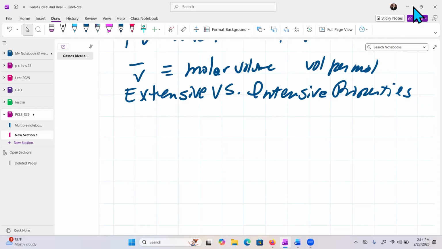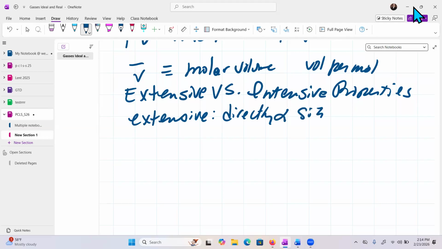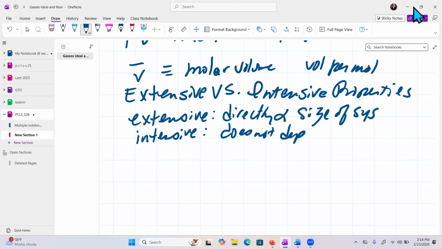So let's capture this. We'll have extensive. An extensive property is directly proportional to the size of the system, whereas intensive does not depend on the size of the system.